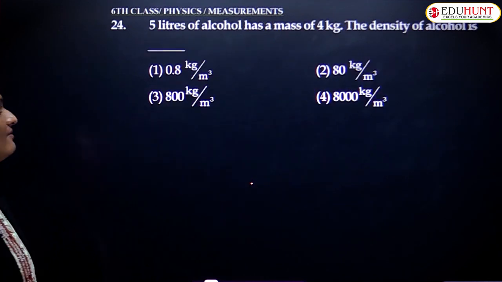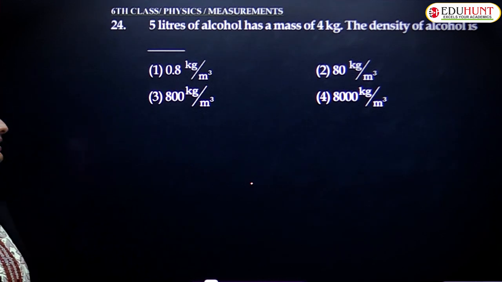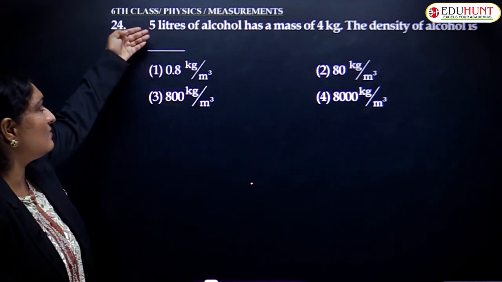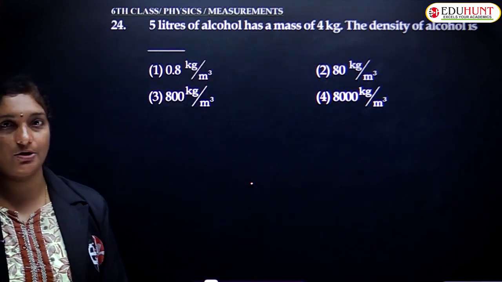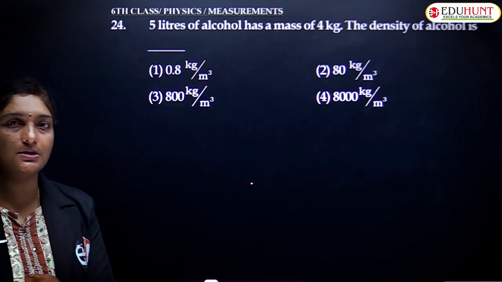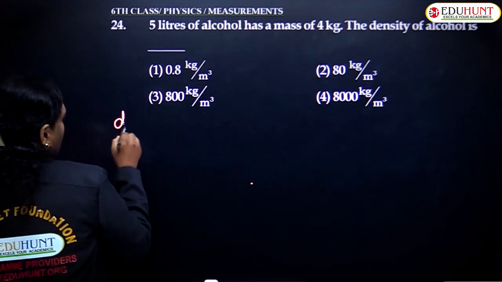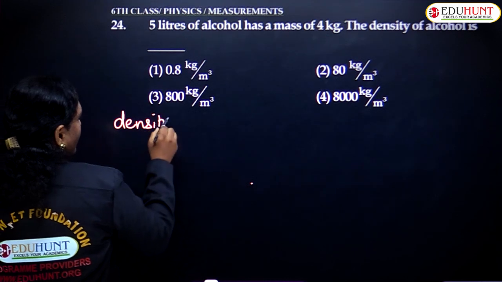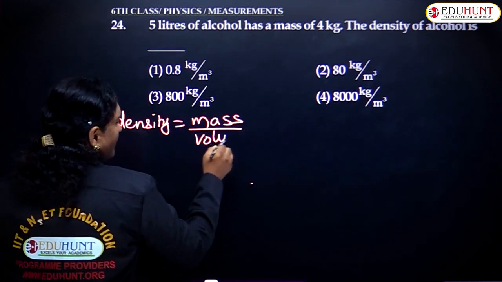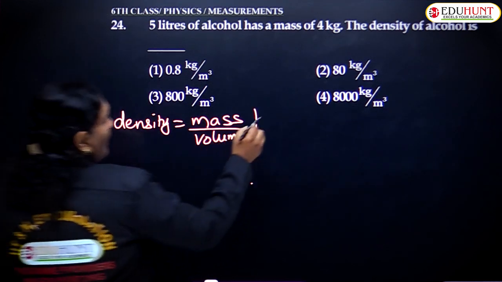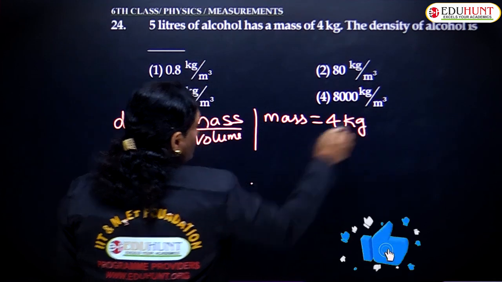Moving ahead, 5 liters of alcohol has a mass of 4 kg. The density of alcohol is. Children, in the question it was given in liters, whereas in options they asked us in kg per meter cube. So now we need to convert liters into meter cube, where liters indicates the volume. As said earlier, the formula for density would be mass by volume. Okay, children, where the value of mass is given as 4 kg, isn't it?